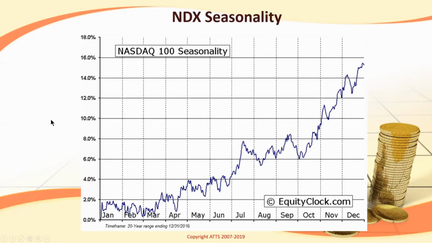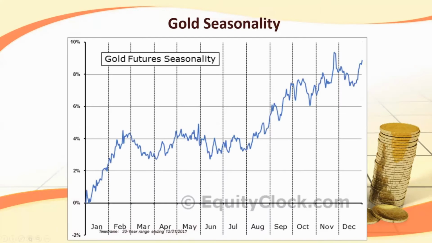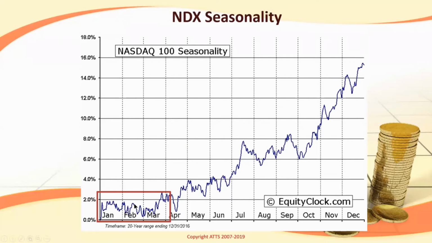Other areas of seasonality: basically January through March tends to be a little bit flat for the S&P and the NASDAQ. We're seeing some weakness. We have to take seasonality in the context of what took place over the last 12 months. As you're very much aware, 2018 started with a nice big run up around the October timeframe.